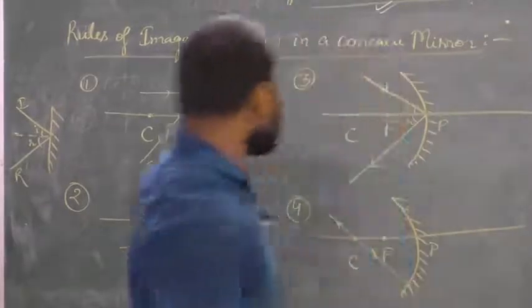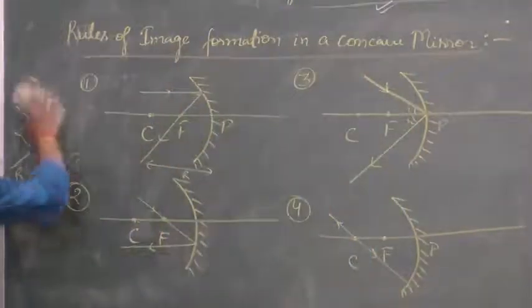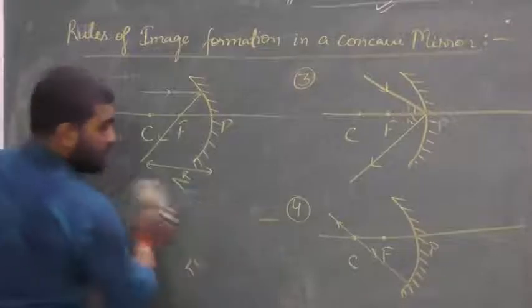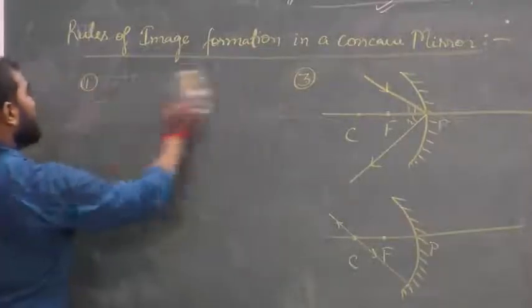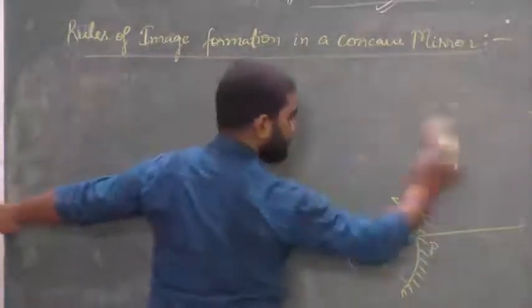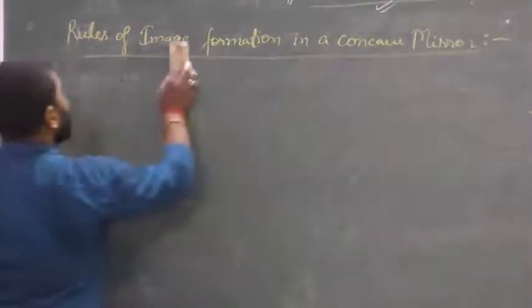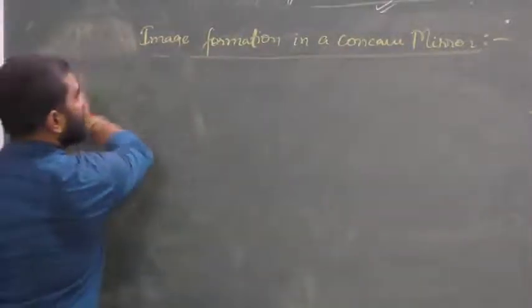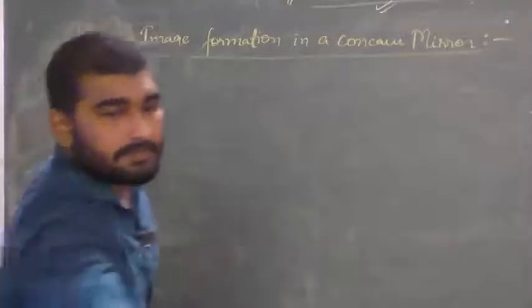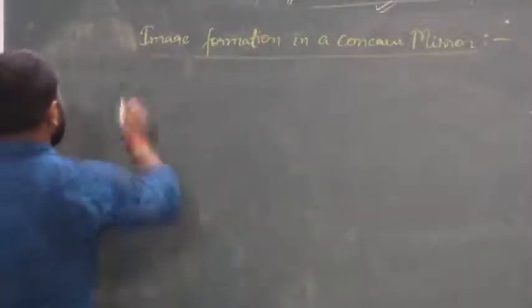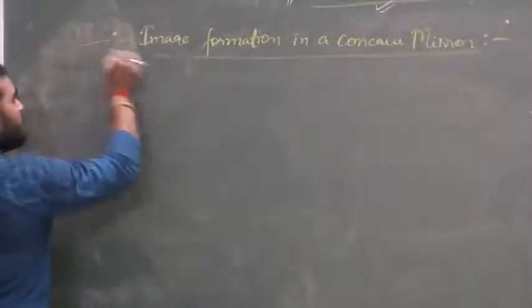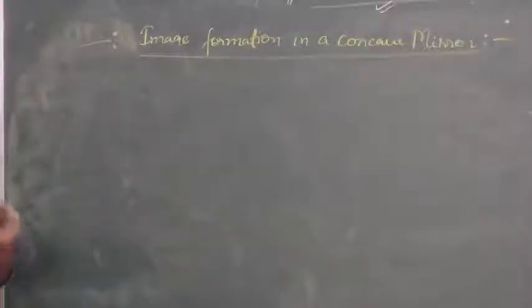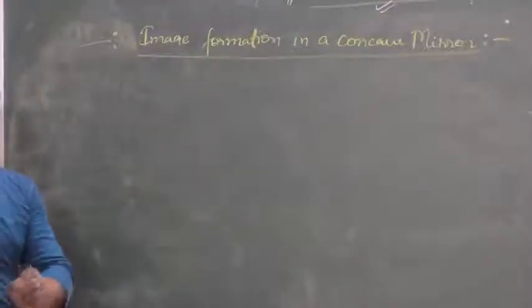Now you can see here how many possibilities there are to form an image in a concave mirror. Okay, then the image formation in a concave mirror. There are 6 possibilities of image formation in a concave mirror.